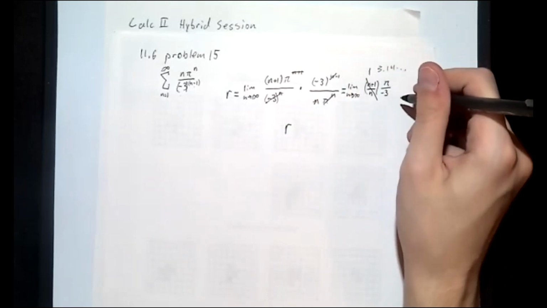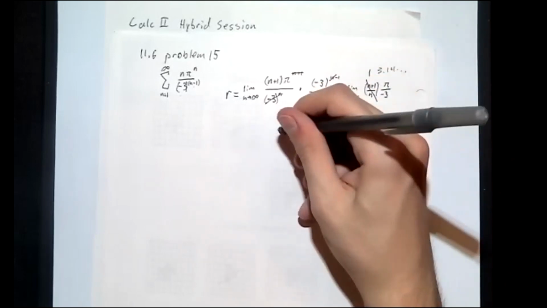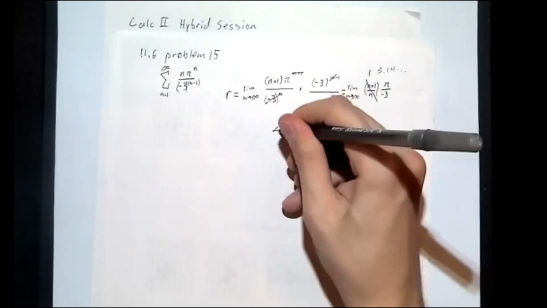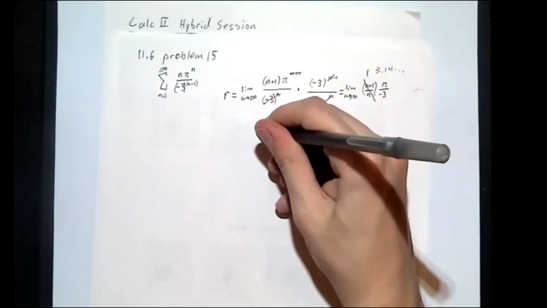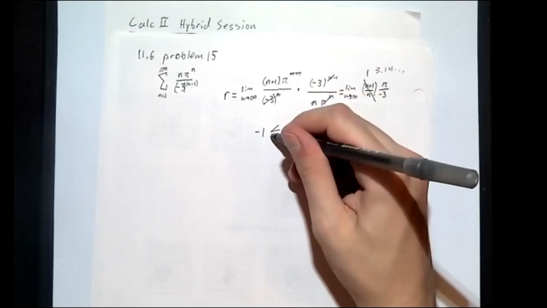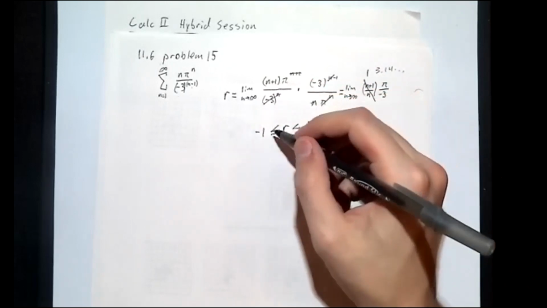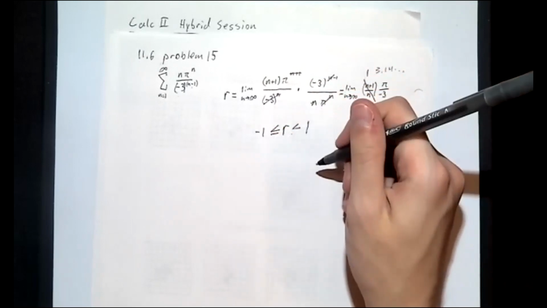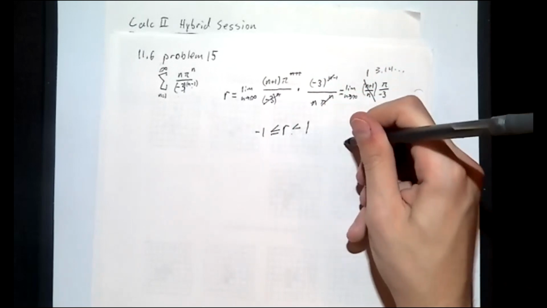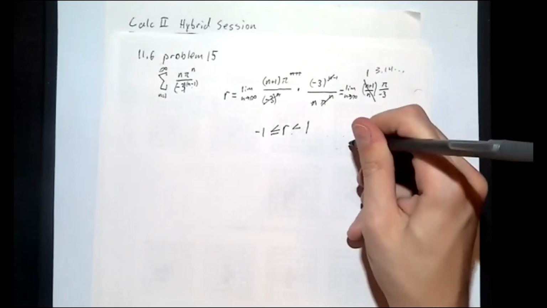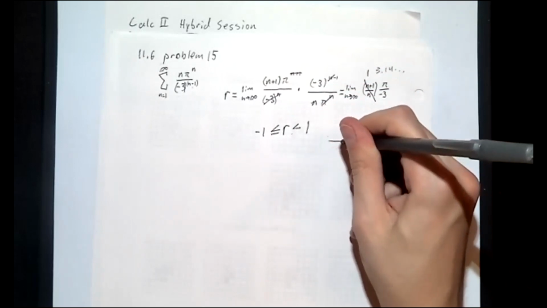And since it's a negative, we have to know that the radius of convergence is going to be negative 1. And you'll notice that I have a greater than or equal to negative 1. Reason being is if it approaches negative 1, because it's oscillating, it'd add, subtract, it averages out to 0.